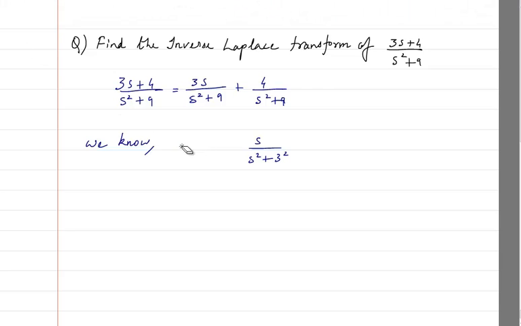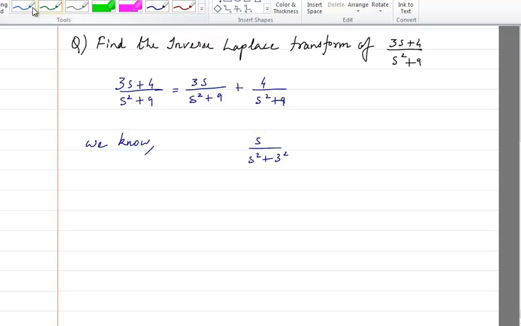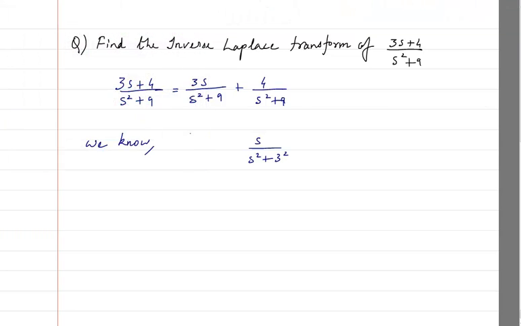If s is there in the numerator, it is cos. So cos of 3t will give me this, and sine of 3t will give me 3 divided by s square plus 3 square.